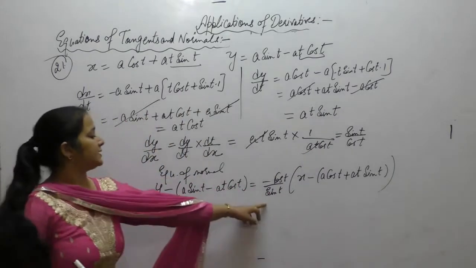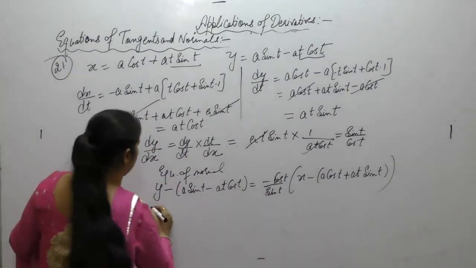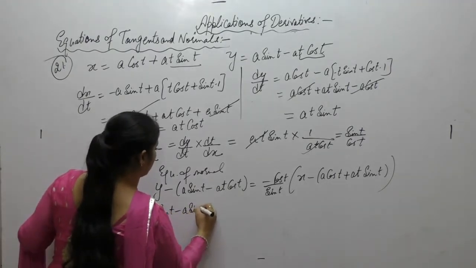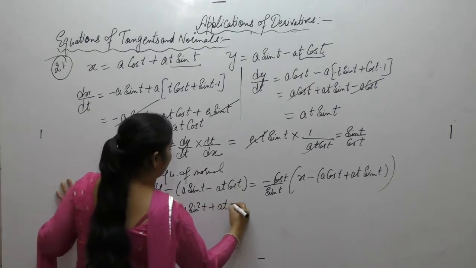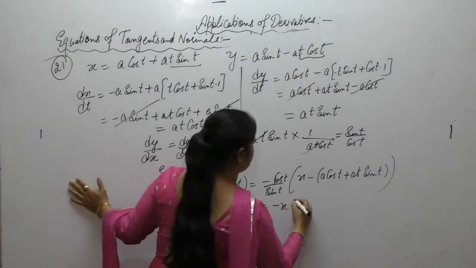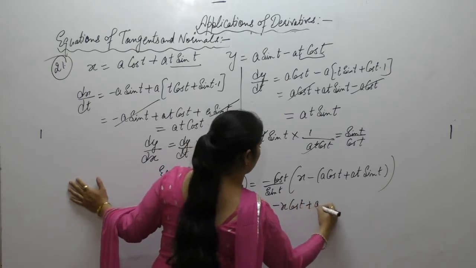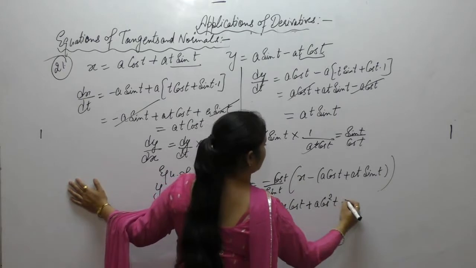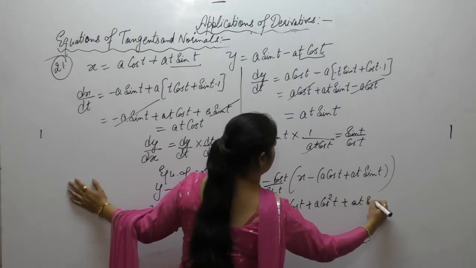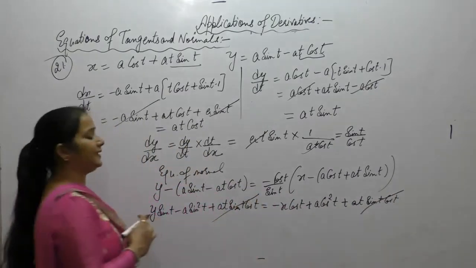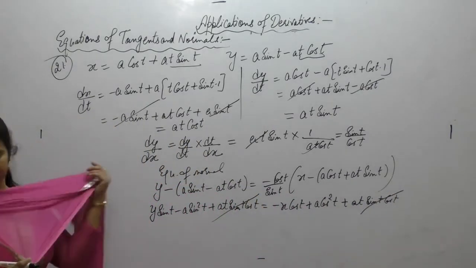Clear? Now this sign will go on left hand side. Y sin t minus a sin square t plus a t sin t cos t minus x cos t plus a cos square t plus a t sin t cos t. A t sin t cos t will get cancelled.